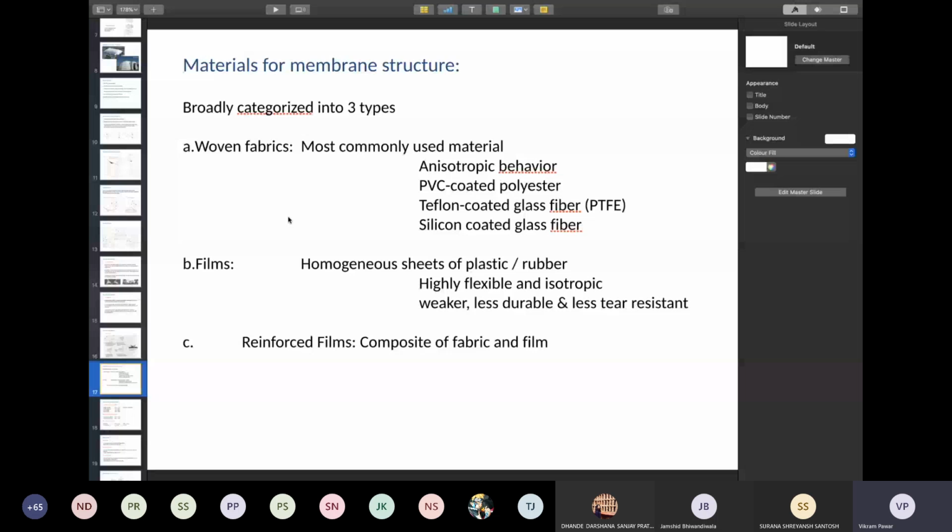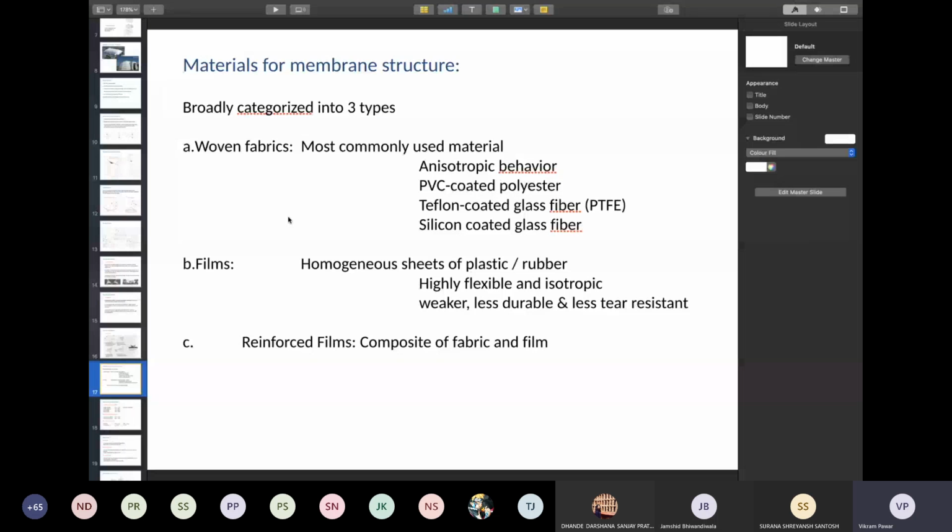But yes, for tear resistance, woven fabrics are much more resistant to tear as compared to films. Films are under stress and if you just puncture one point, the tear is going to spread all over. It's just like tearing a plastic sheet. If it starts tearing at one point, you are sure that it will tear throughout to the end. Unlike the fabrics, where even if there is a puncture, the other fibers will still hold true.